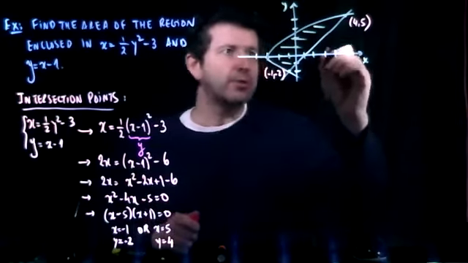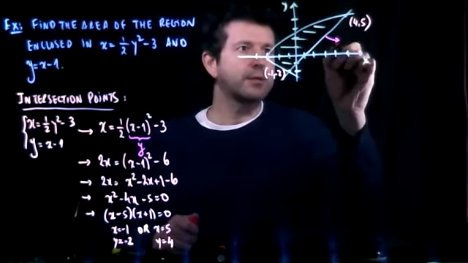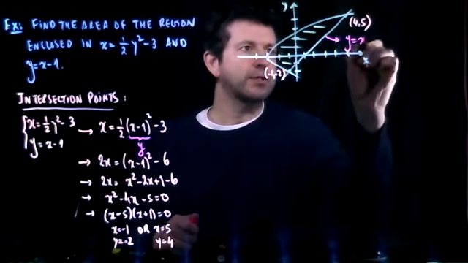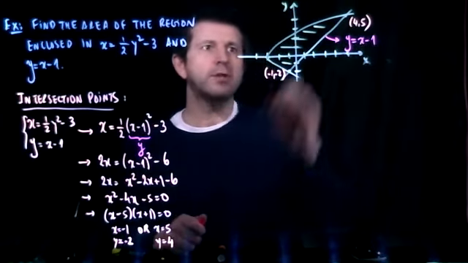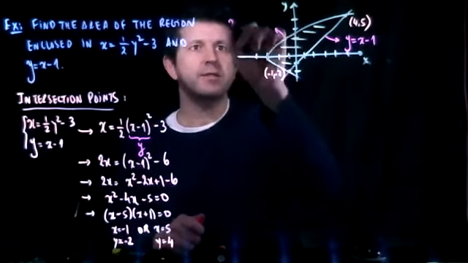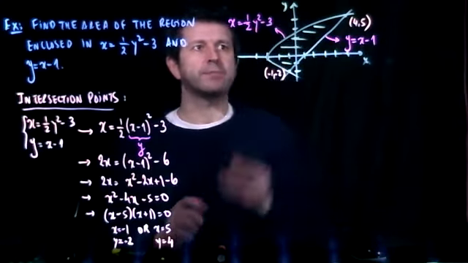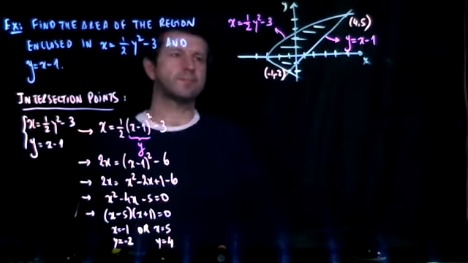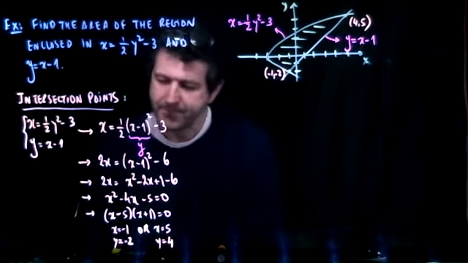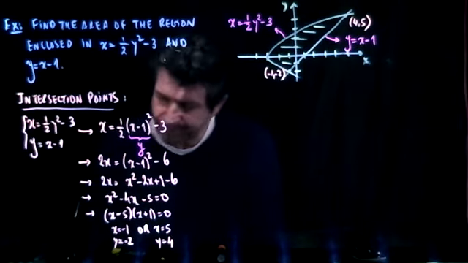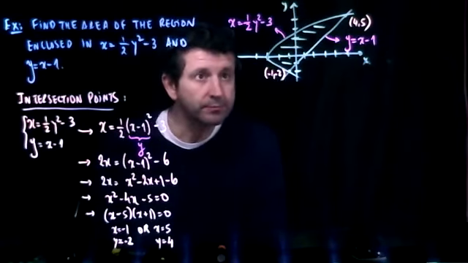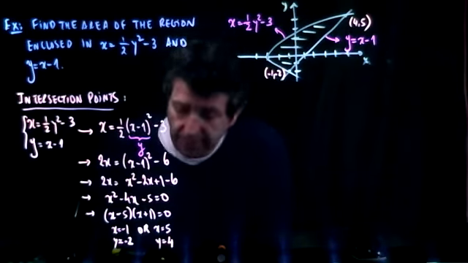I'm just going to label everything so that I have everything organized here. So y equals x minus 1, and this is, of course, x equals 1/2 y² minus 3. Any questions until here?